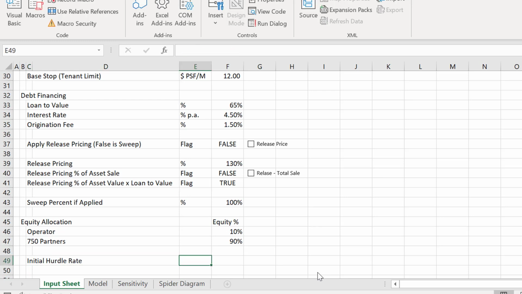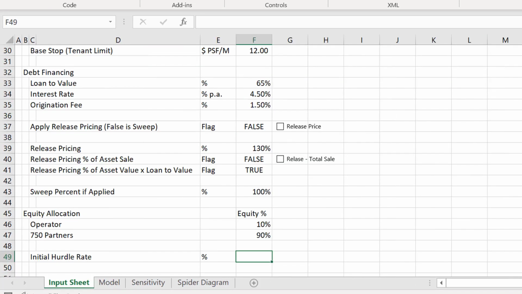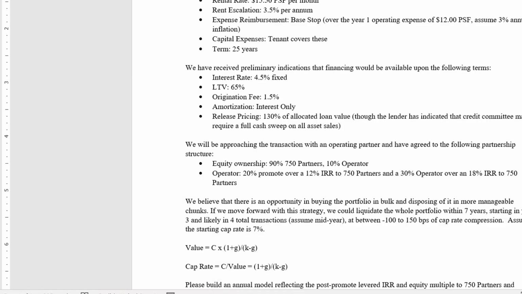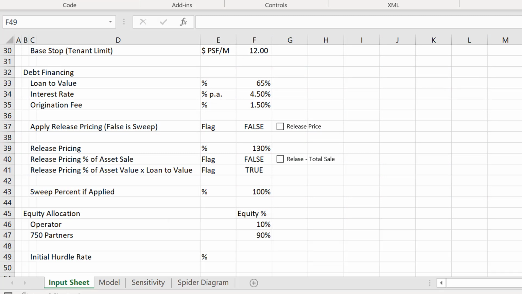So if the hurdle rate, and let's put that as a percent, and if the initial hurdle rate is below the operator's, it's over 20%. If it's below 20%, let's put it like this. Excuse me, I'm rambling, but okay.